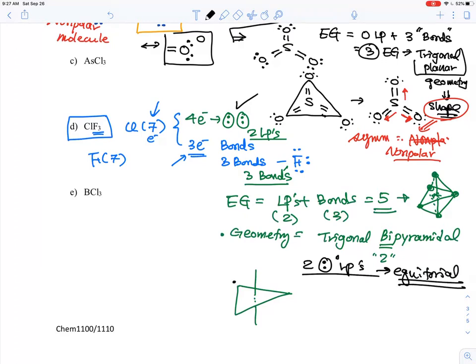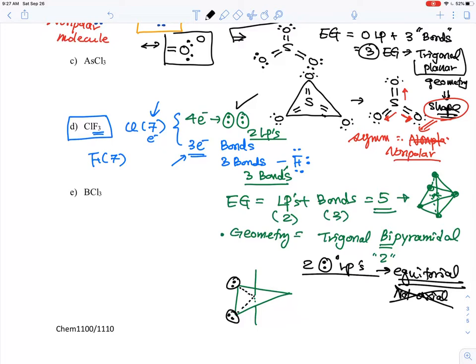So they're going to be located here, and the lecture should explain why they prefer the equatorial, not the axial position, to minimize the repulsion. That's the reason we call it VSEPR theory, to minimize the electron pair repulsion, and this is better because this is 120 degrees instead of 90. This is a 120 degree angle difference, so they are more stable.